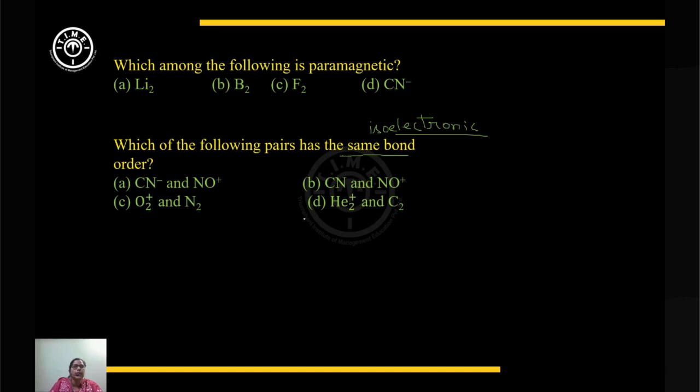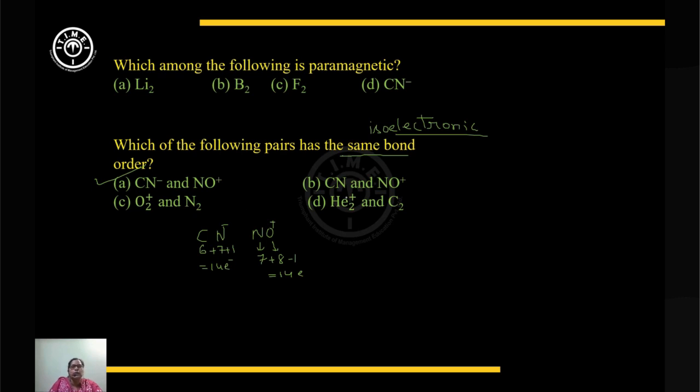For CN minus, carbon is 6 plus nitrogen is 7 plus 1, equal to 14 electrons. For NO plus, nitrogen is 7, oxygen is 8, 7 plus 8 minus 1, so 14 electrons. So the answer is option A, but we have to check the other cases also.